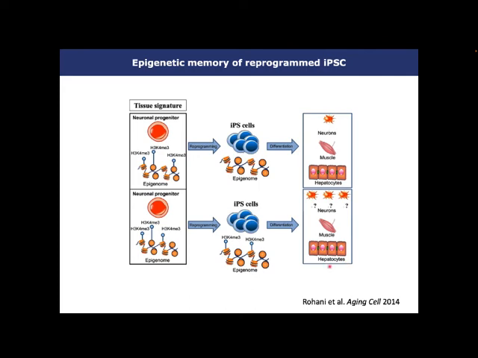So they have a preference toward a certain direction of differentiation because of the existing epigenetic memory after the reprogramming. This is one of the concepts, and it also suggests that the reprogramming process is not complete. So we need to select the right reprogramming process and choose the right colonies after inducing the pluripotency.